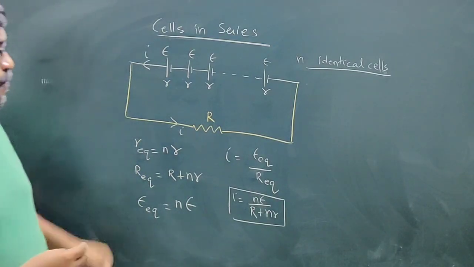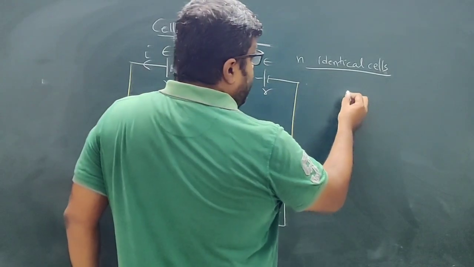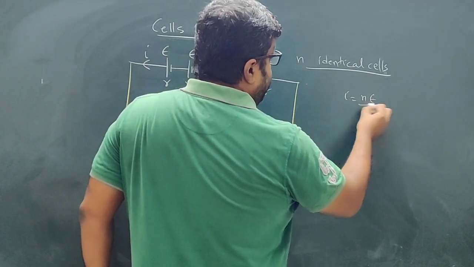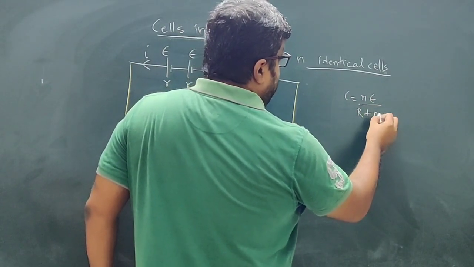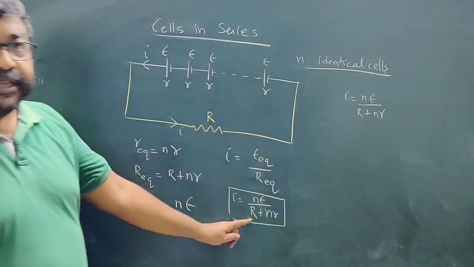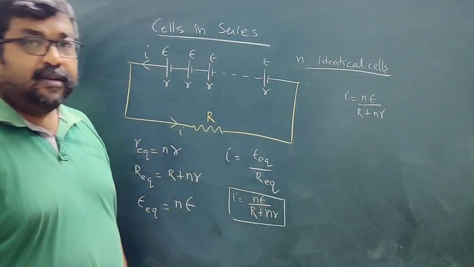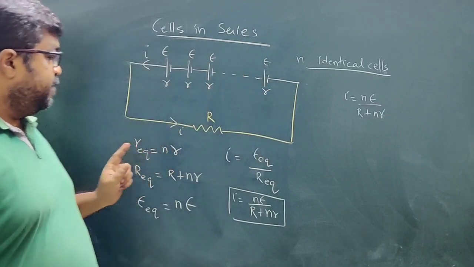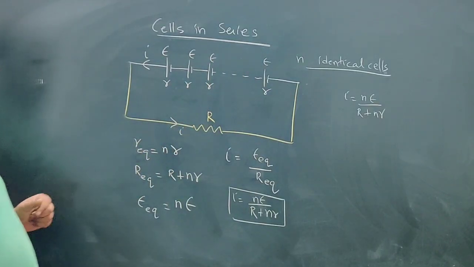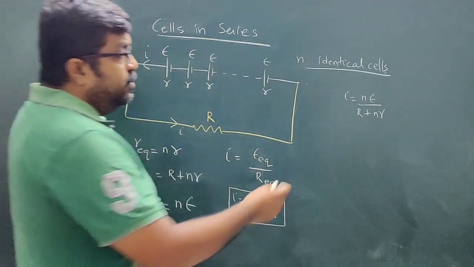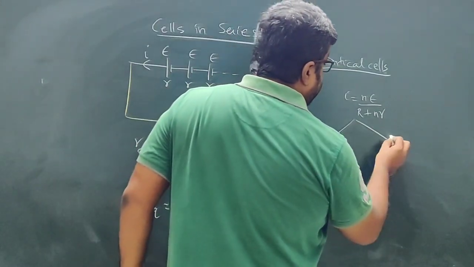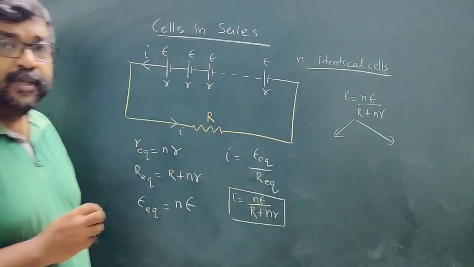Okay. So now see, we have I is equal to nE divided by R plus nr. What is R? R is the external resistance. What is nr? That is the total internal resistance. Now suppose here we have two possibilities.